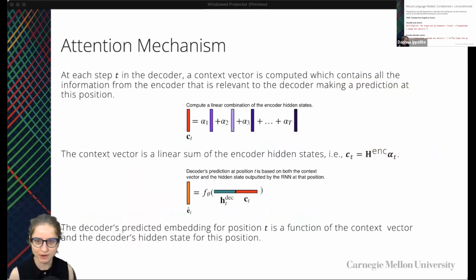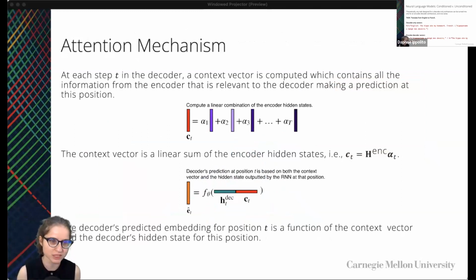Okay. So these weights which are given to each word in the input sequence are called attention. And so in practice, for each position in the target sequence T, we want to produce this context vector. And the context vector, which I'm representing as C sub T here, that's the red box, is just a weighted sum of the final hidden states outputted by the encoder for each position in the input sequence. So remember, at each position in the input sequence, the RNN outputs a hidden state.